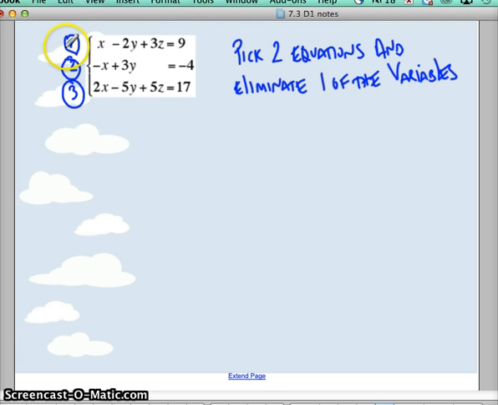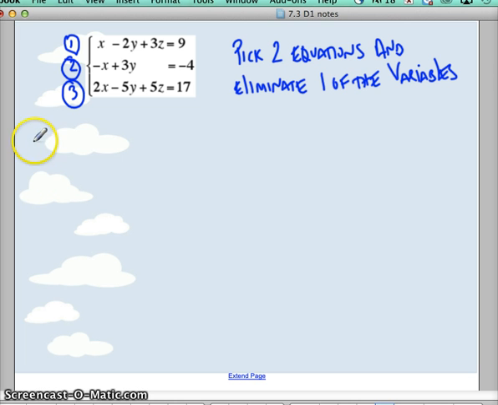So I could pick either 1 and 2, 1 and 3, or 2 and 3, and I want to eliminate one of the variables. So you just look and go, what would be easy to get rid of? Well, I can see right away that with equation 1 and 2, I already have opposites. So I could eliminate these x's very easily.